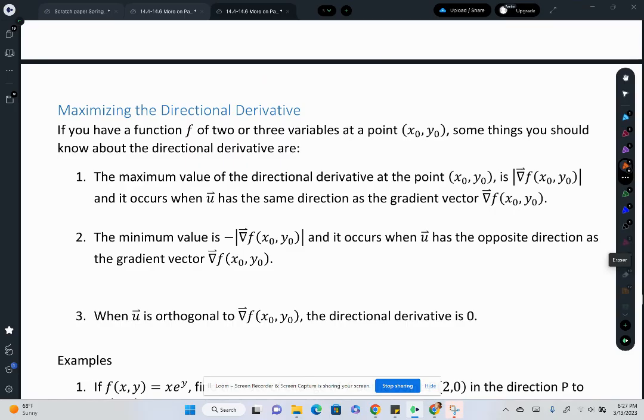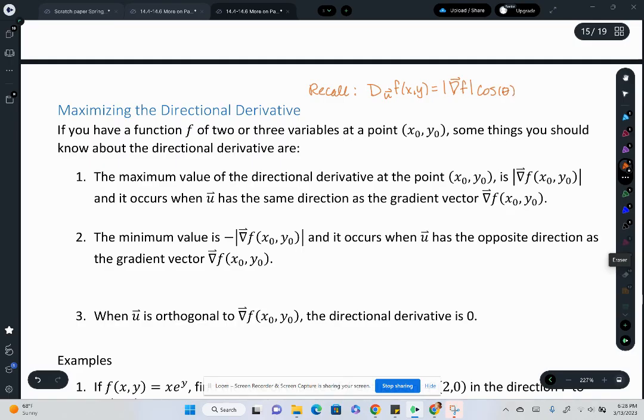Before I state what those are, I want us to recall from the previous section that the directional derivative in the direction of u of f of x, y can also be represented as the magnitude of the gradient vector times cosine of theta, where theta is the angle between the gradient vector and the unit vector.